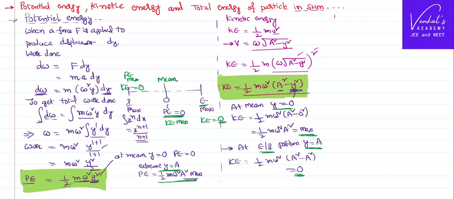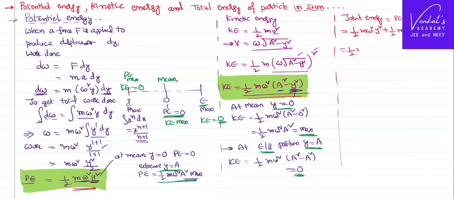And let's talk about the total energy, which is very simple now. We know the total energy of a body in mechanical motion is the sum of potential energy and kinetic energy. We have derived potential energy as half m omega square y square, and kinetic energy as half m omega square times a square minus y square.